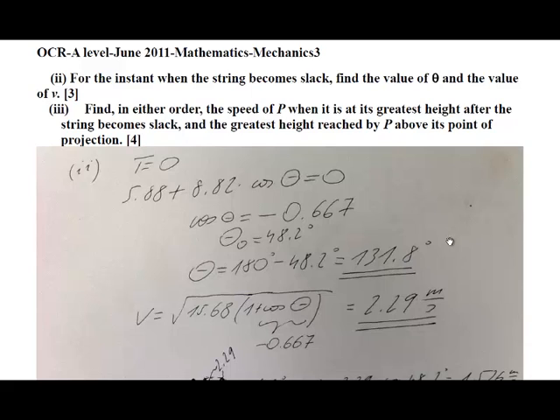Find, in either order, the speed of P when it is at its greatest height after the string becomes slack, and the greatest height reached by P above its point of projection.